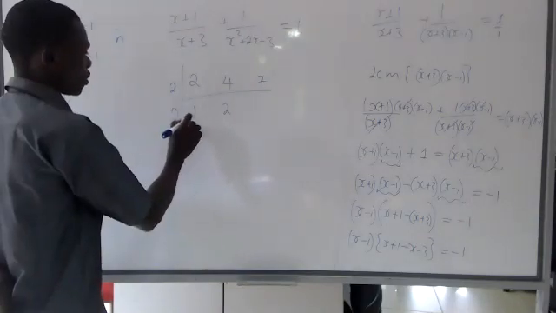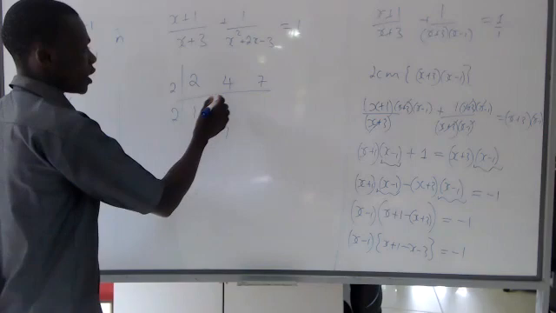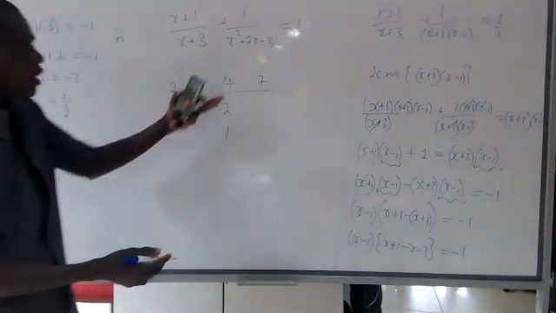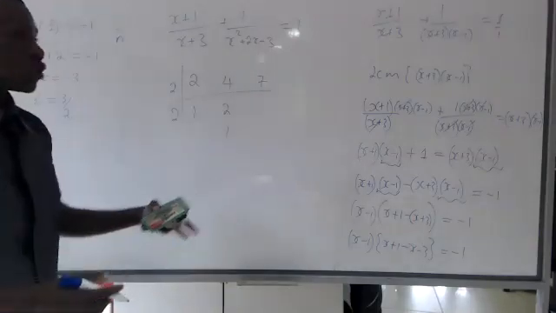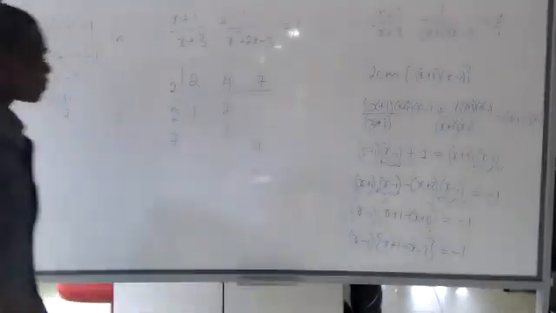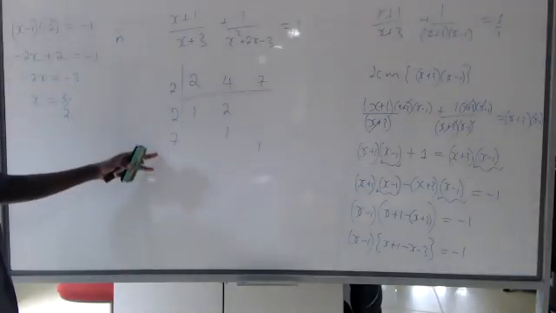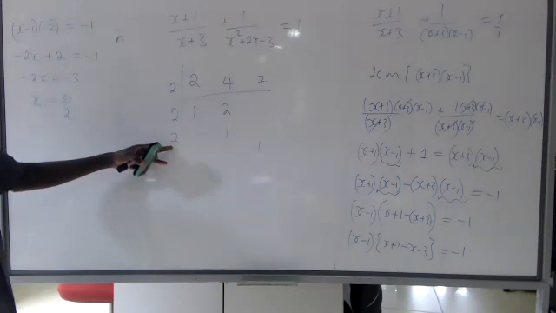And then 2 cannot divide 1, but divides 2. And then the next prime number is 3, it cannot divide any of these. 5 cannot divide any of these, so we pick 7 as the next prime. 7 divides 7. Now the LCM in this case is 2 times 2 times 7, which is 28.